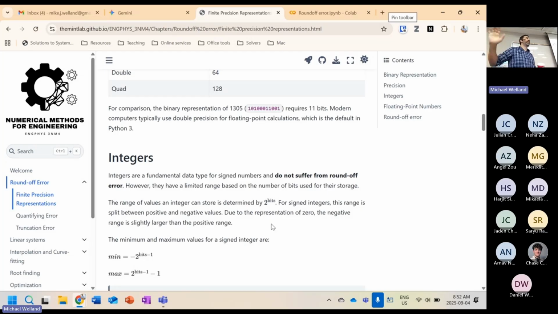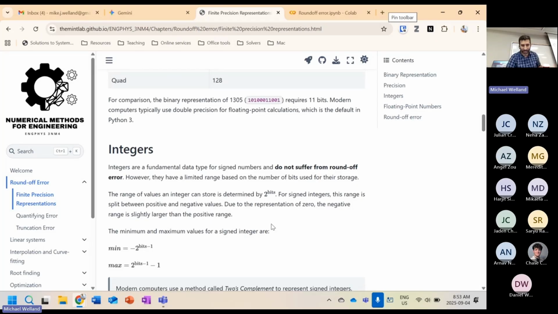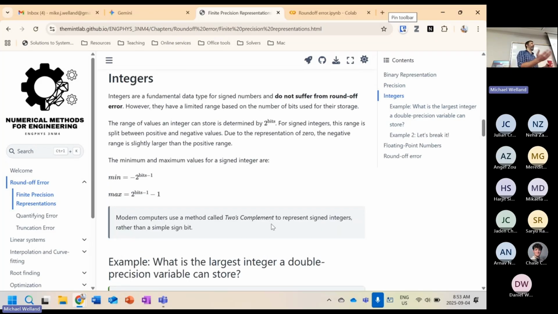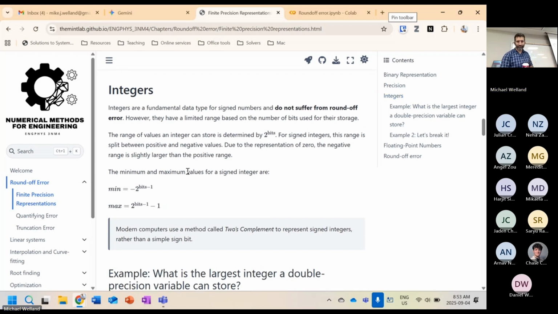Which can be beneficial. Modern computer systems, I mean, 2 to the power of 31 is still a really big number. If you have a counter that's going past 2 to the power of 31, generally you want a more sophisticated counter anyway, but they still have it. Okay. Due to the representation, the range is determined by 2 to the power of your precision. For signed integers, the range is divided between positive and negative.